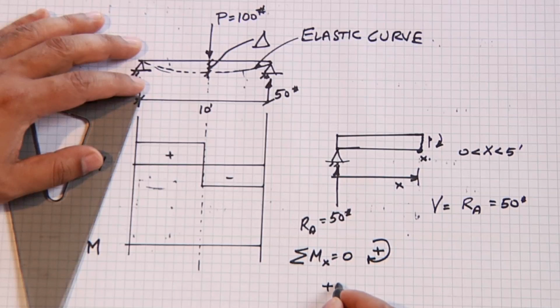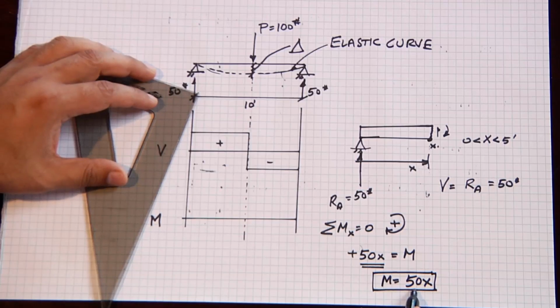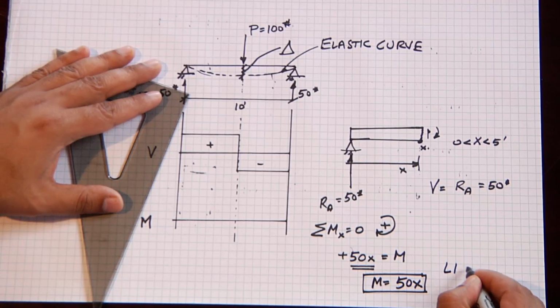And so the bending moment is 50, the force here, times x, equals the moment reaction on the right. So the moment is equal to 50 times x, which tells us that the moment is a straight line curve. This is a linear curve.